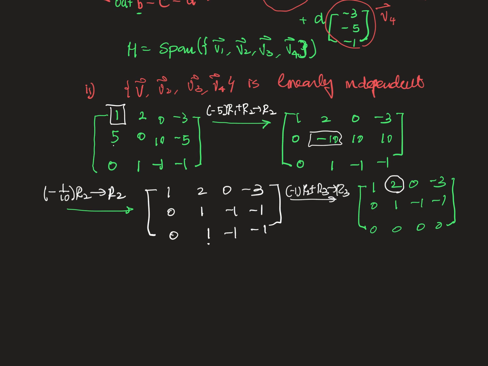One more thing: reduced row echelon form is much easier for figuring out whether these vectors are linearly independent or dependent. So what do you have to do? -2 R2 plus R1 goes to R1. So I have this one, guys: 1, 0, 2, -1, 0, 1, -1, -1, 0, 0, 0, 0.